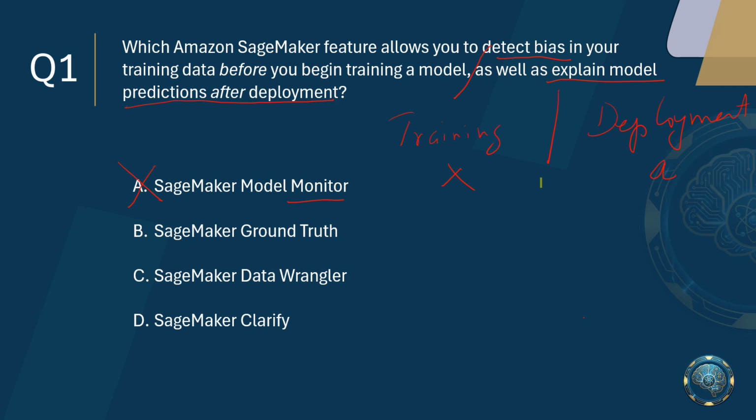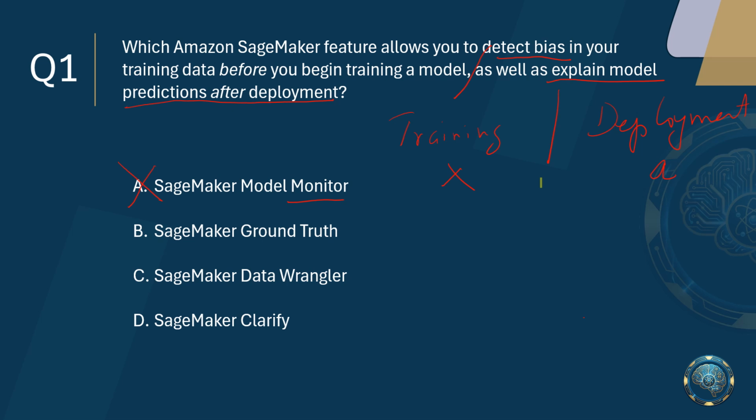Now option B, Ground Truth. Ground Truth is again the data preparation phase. It does two important things. One is preparing a high quality data set. The second one is human in the loop.